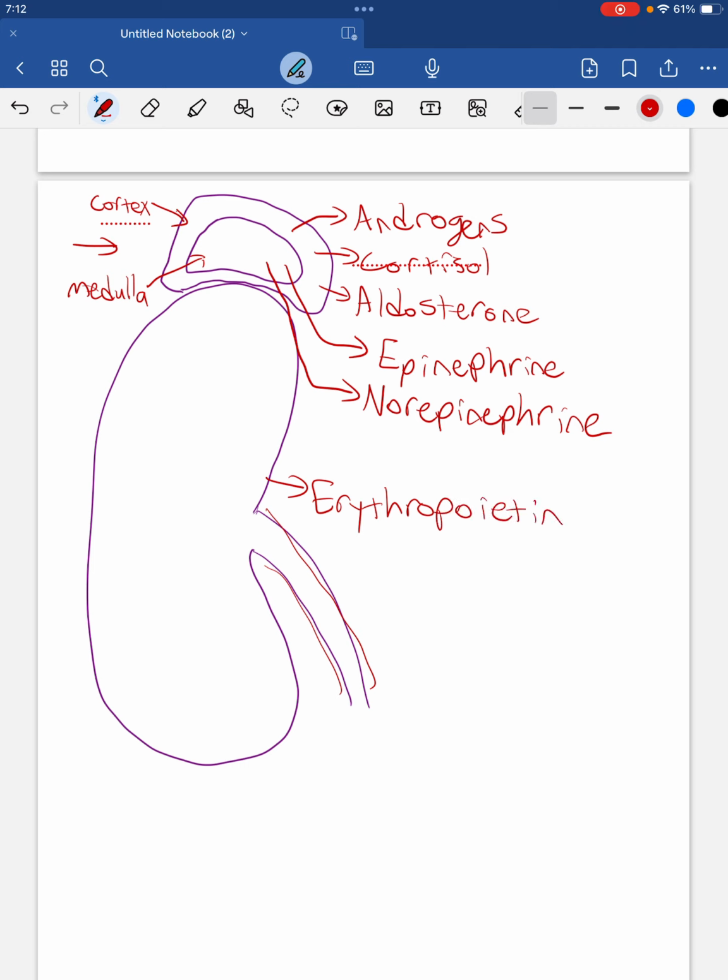We'll talk about this in a lot more detail when we get to blood in the next unit, but just to have a little bit of background, this erythropoietin will circulate to our red bone marrow.